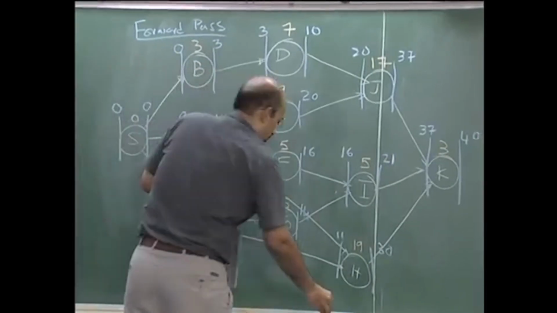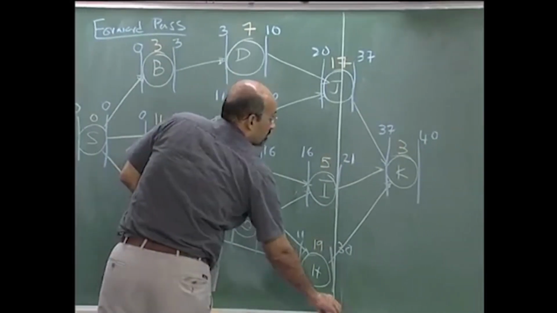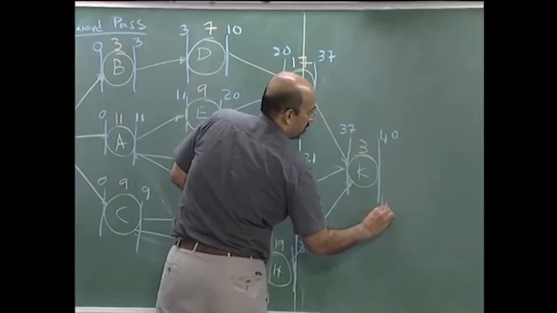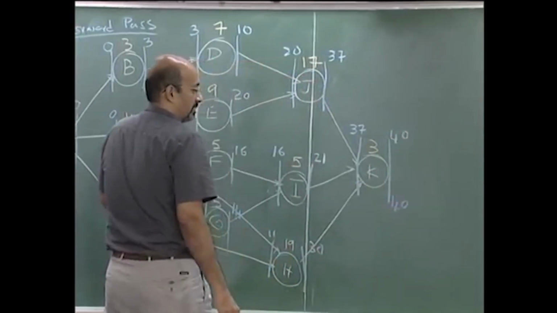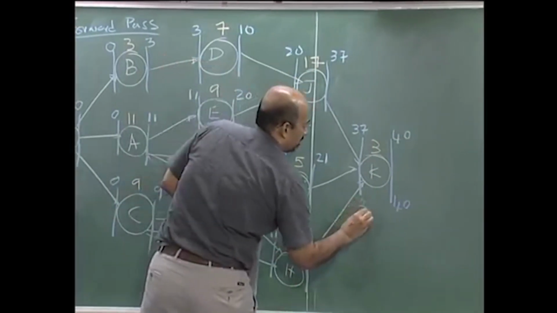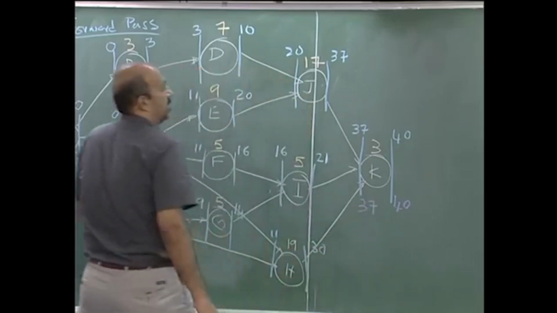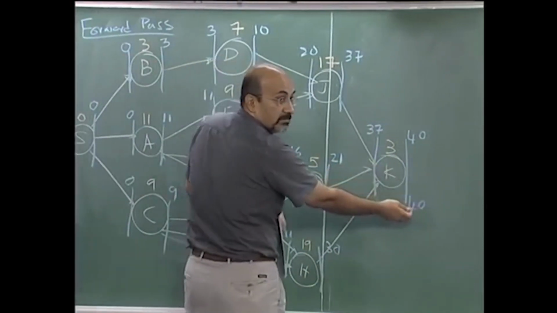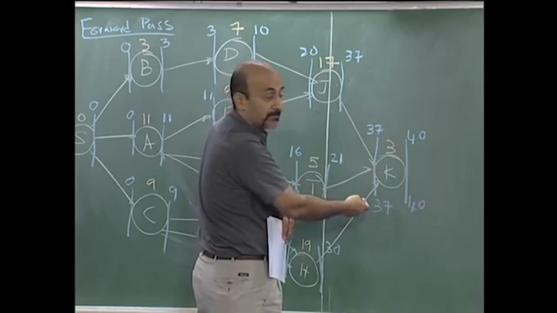Now we will actually go to the backward pass. So we start with 40, we are keeping this fixed and we come back to 37. This is the late finish and the late start.